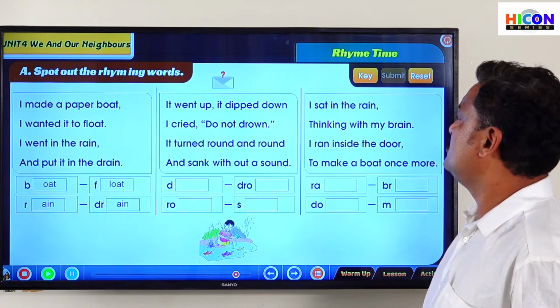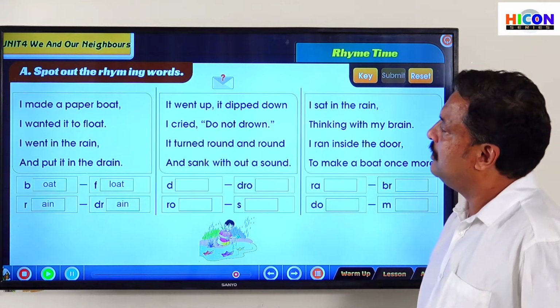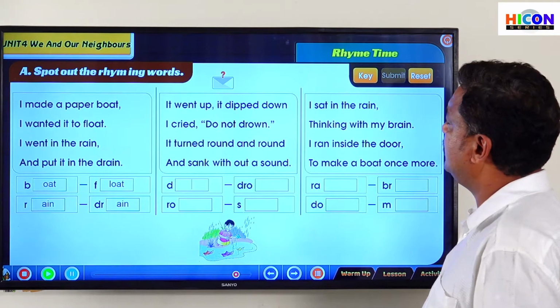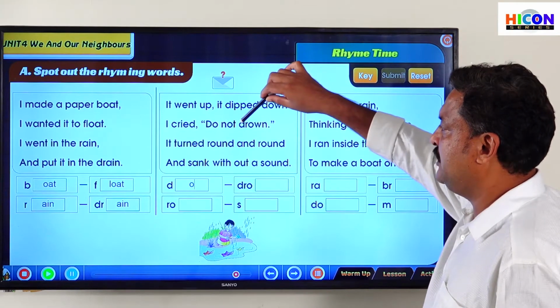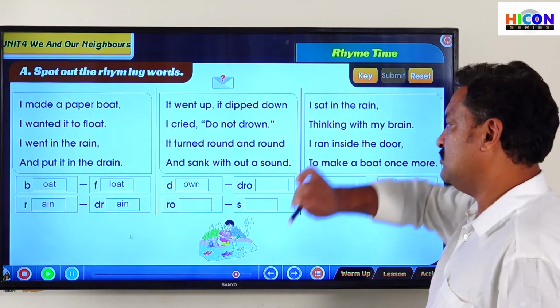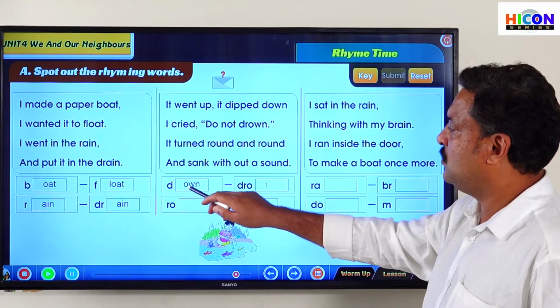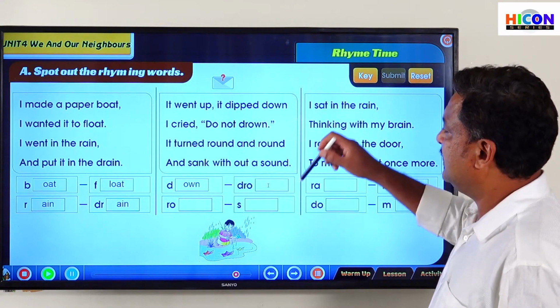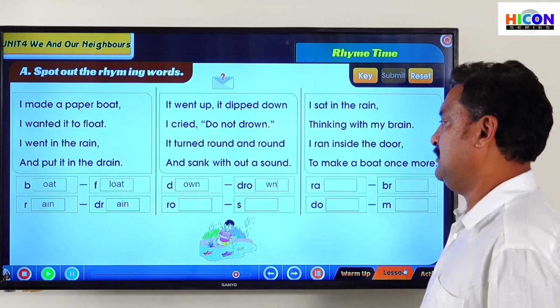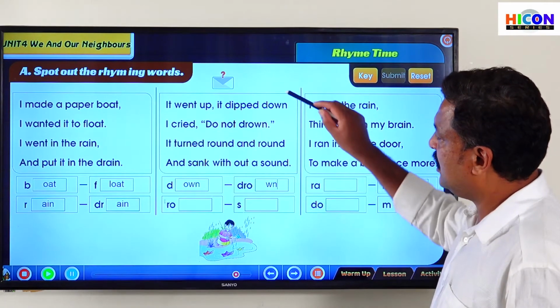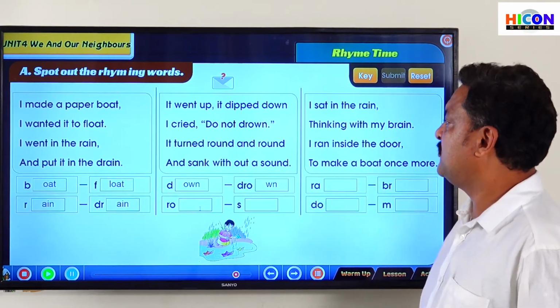I cried, do not drown. It went up, it dipped down, down, isn't it? D-O-W-N, down, D-R-O-W-N, drown, isn't it? So down rhymes with drown, right? Down, drown. Okay?